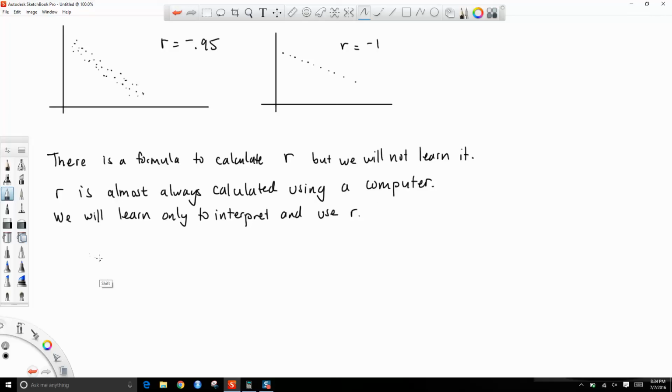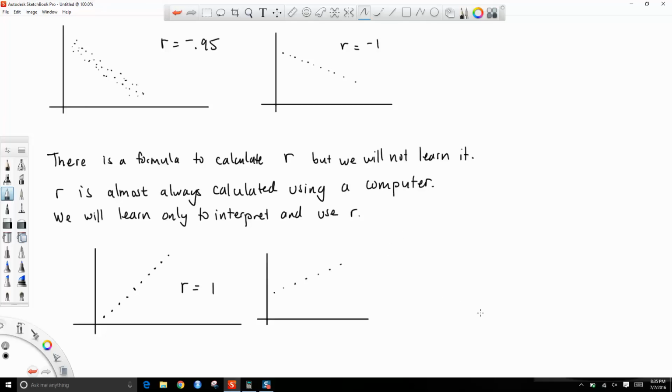Let me just check our understanding here. Okay, what is the R here? R here is 1. What if we have another data set where they're still in a straight line, but the slope is less steep?